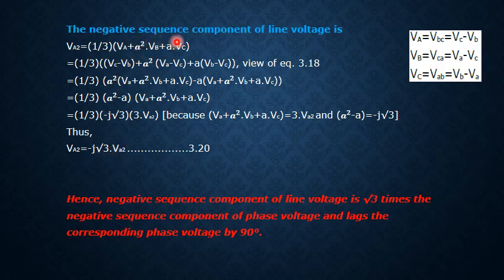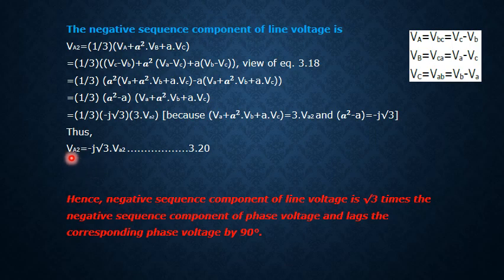So for the negative sequence component line voltage, once again, the line voltage is equal to root 3 times the phase voltage, but the angle is lagging by 90 degrees. So that's why the minus sign is used over here. The minus sign represents it is lagging, having an angle of 90 degrees. That is a slight difference between the positive sequence component line voltage and the negative sequence component line voltage.